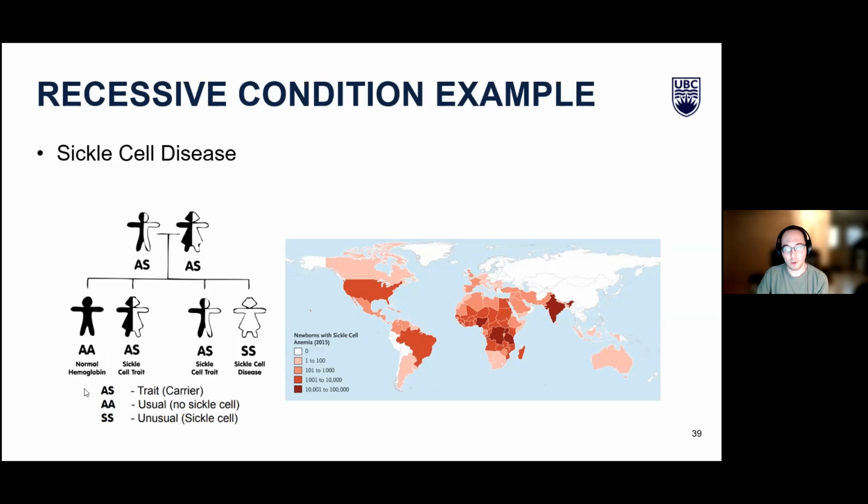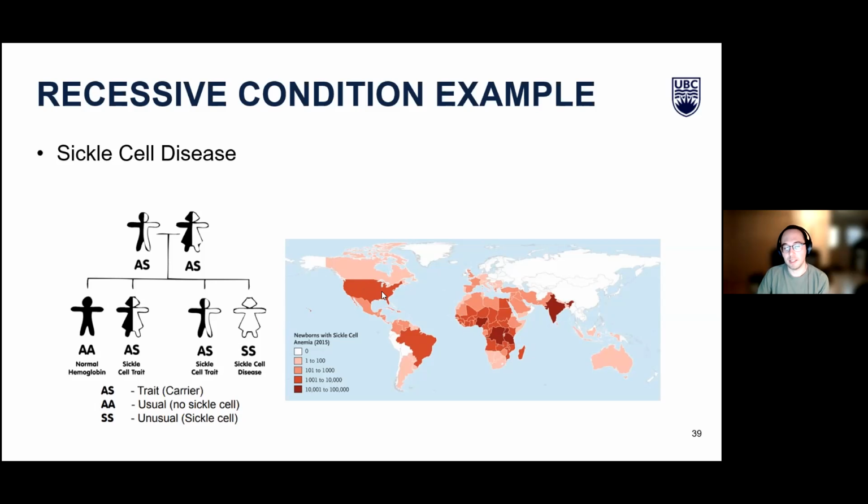And they also are at a lower risk of having malaria, and so they're not dying from malaria. So people who are carriers of the sickle cell trait tend to be more prevalent in these regions. And if you have a large part of the population being carriers, then of course you're tending to have more people being born with sickle cell disease. So I hope that sort of makes sense as to why sickle cell disease is more common in these areas.